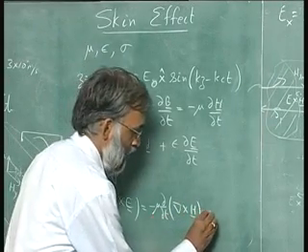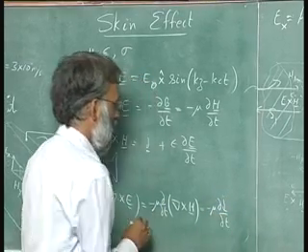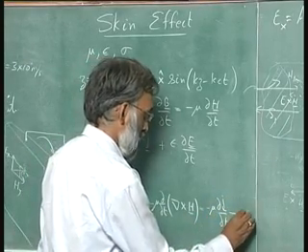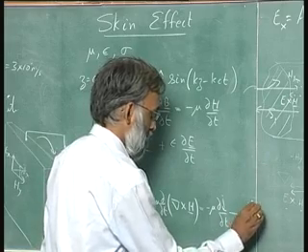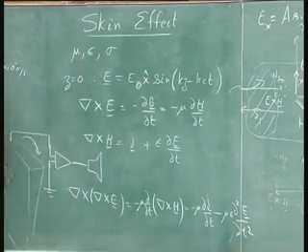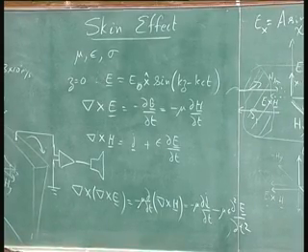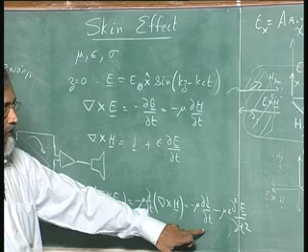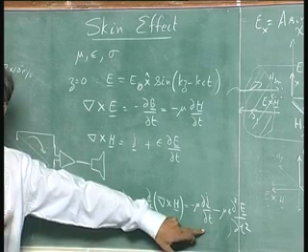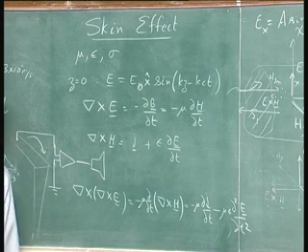So, it is equal to minus mu del J del t minus mu epsilon del squared E del t squared. It is the same derivation I have done earlier, except I have one additional term, because the earlier wave equation I derived had no currents and no charges.